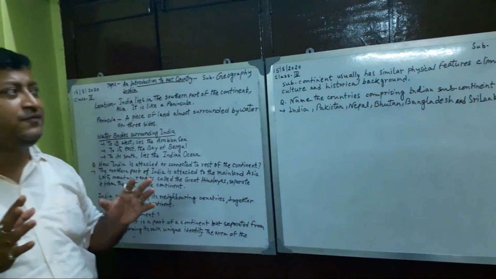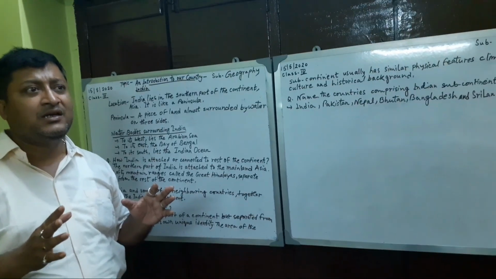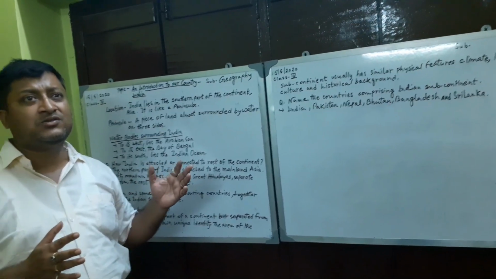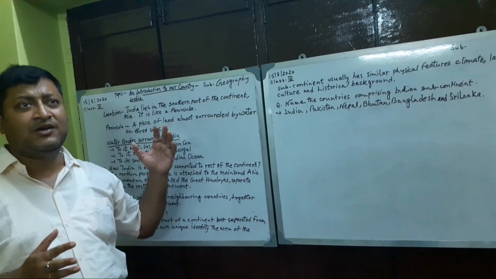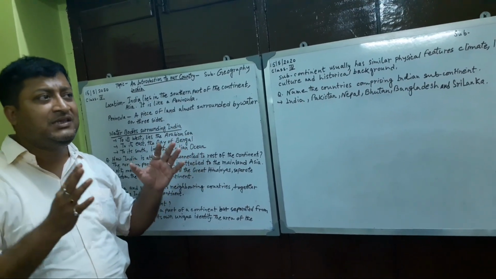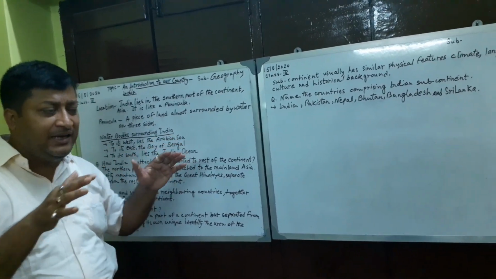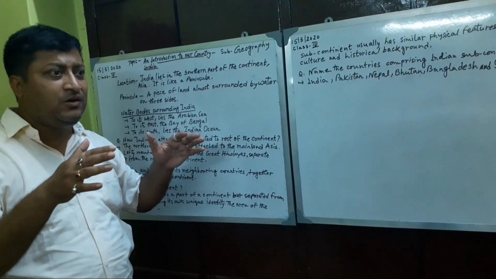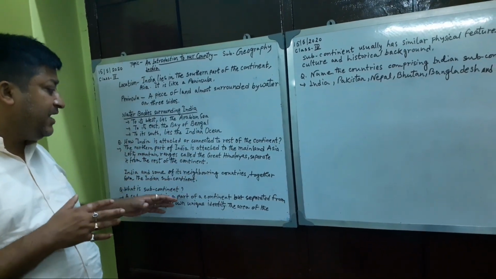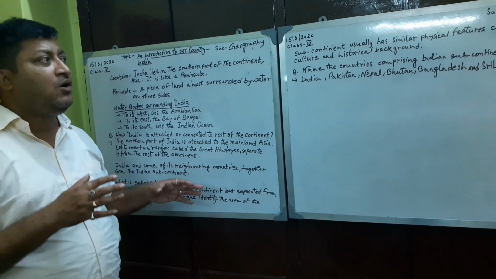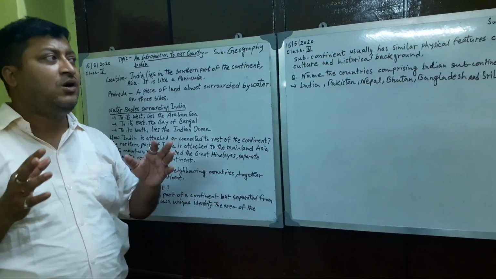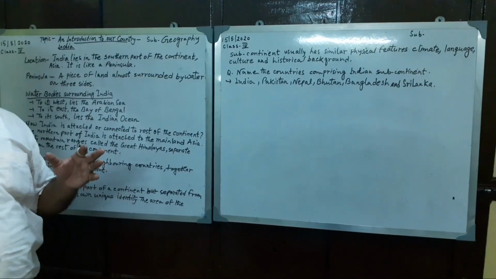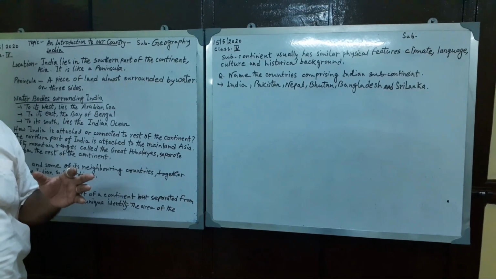These are the features which are different from other parts of the continent or other parts of the world. Only this area has the same identity, physical features, climate, language, culture and historical background.